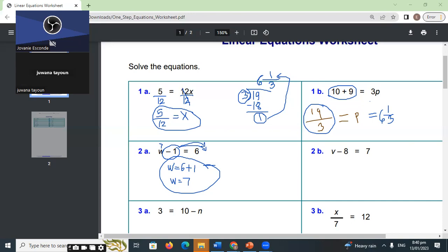Fifteen po. Your answer is, can you show your solution here so that I can see if you are following what I did for number 2A?